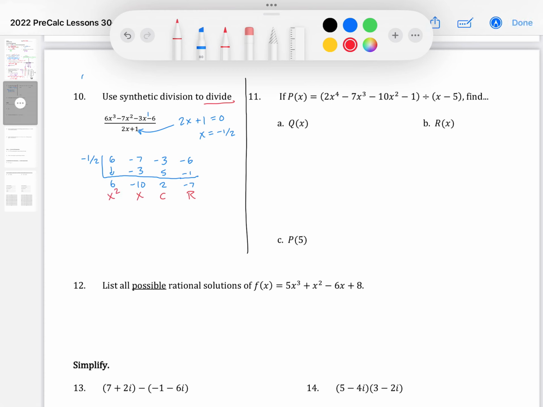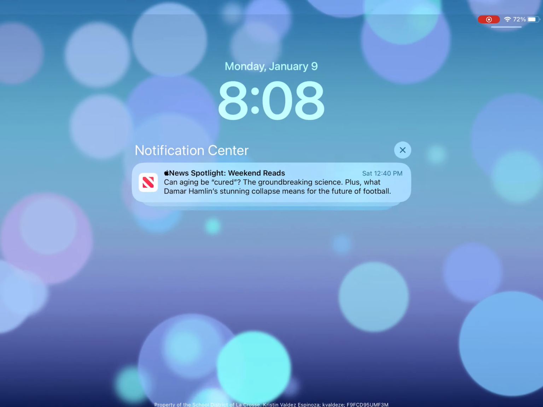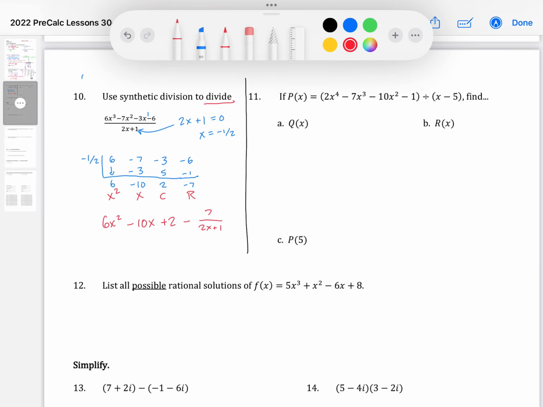So my final answer should be 6x squared minus 10x plus 2. And then that is -7 over what you were dividing by, which is 2x plus 1. All right. So this is your final answer for number 10.